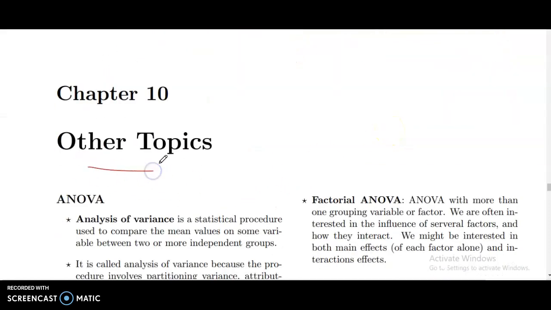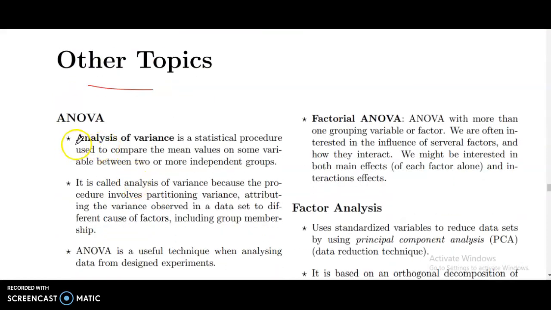Other topics. ANOVA, analysis of variance.